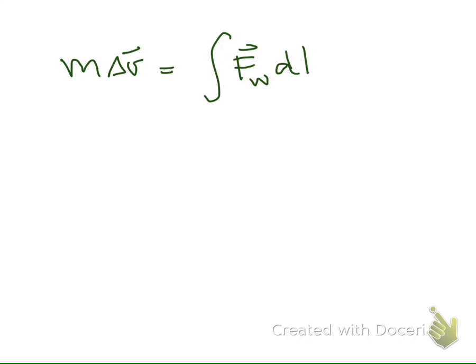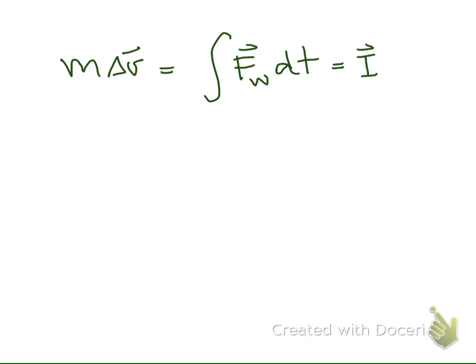We also have that conservation of momentum is still valid, or we can write down the impulse-momentum theorem as usual. That is, M delta v is equal to the integral of Fw dt. That is, the change of the momentum of the system is equal to the impulse from the external force.